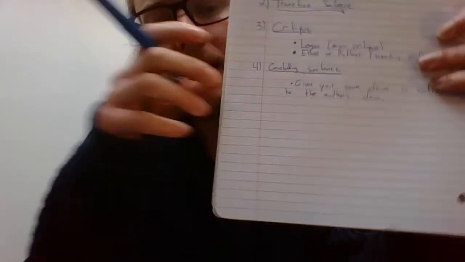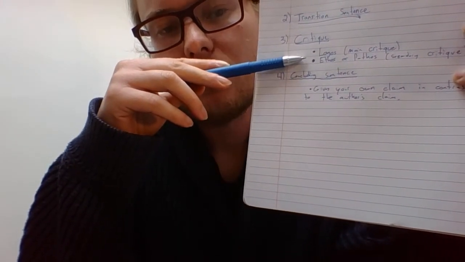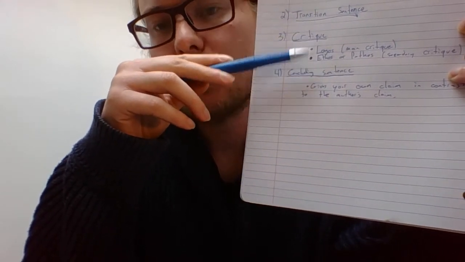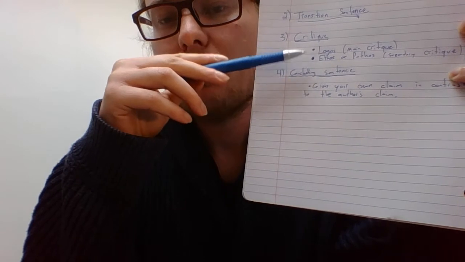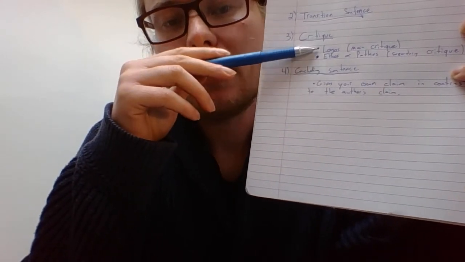Now, the next thing, and this is the hardest part, of course, is doing the actual critique. Now, if you saw the last video, you know that it's a good idea to try to pick which critiques we're going to use before we jump in. You're going to want to focus mainly on logos.